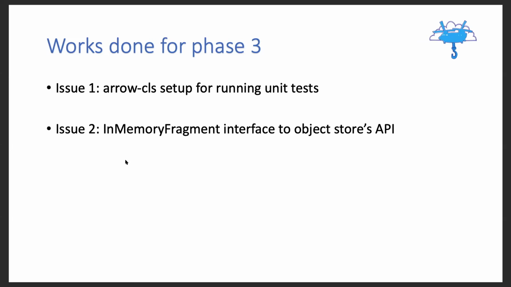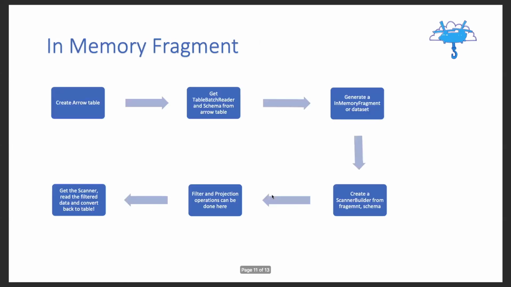And the second is to create an in-memory fragment interface. I use the in-memory fragment in the dataset API for the object store API. And there's a flowchart of the in-memory fragment I created.